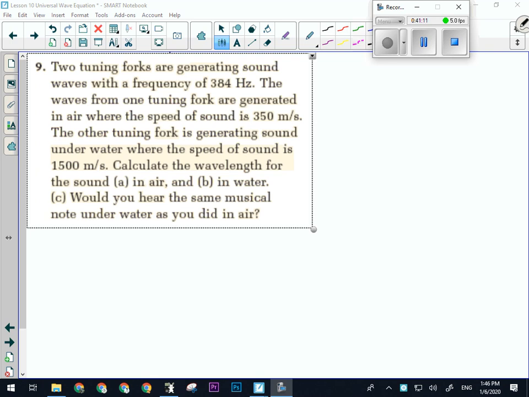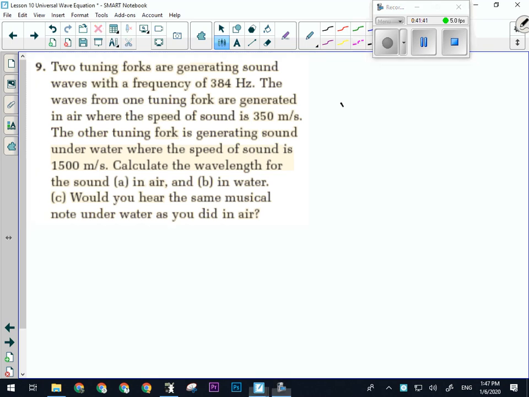And if you've got the big team one where there's 8 of them, it's pretty important that they're hearing the same sound above the water and below the water so that they can remain synchronized. So you would hear exactly the same musical note, whether you were in the air or underwater. Now, that doesn't mean it sounds exactly the same. Our ear is not designed to hear underwater like it is in air. We don't live underwater, so our ears don't work as well, but it should still sound about the same.